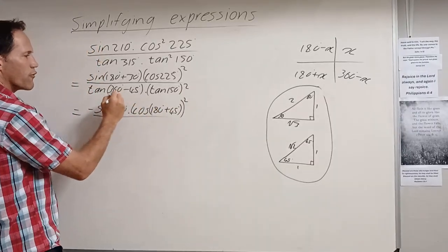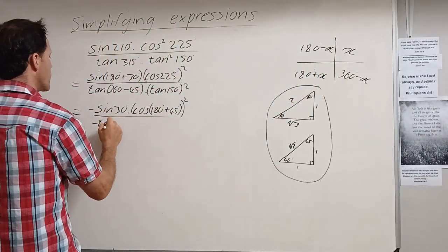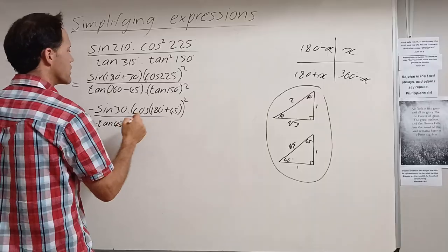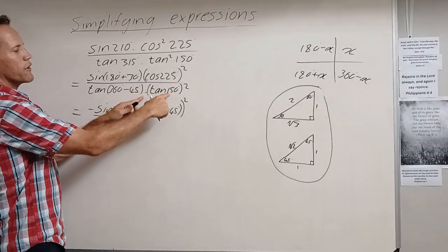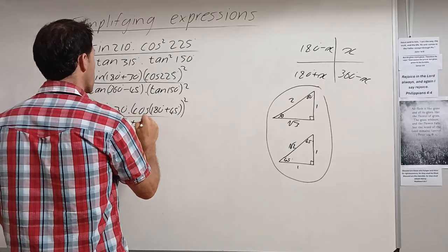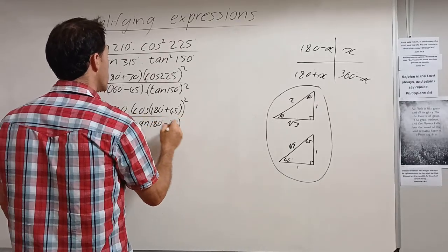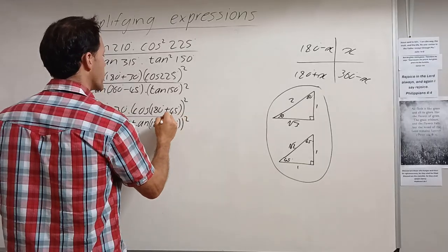This one is fourth quadrant, so it's going to be negative tan 45. And then this last one, tan 150, is the second quadrant, so it's 180 minus 30. So it becomes tan 180 minus 30, and then you put in the square.